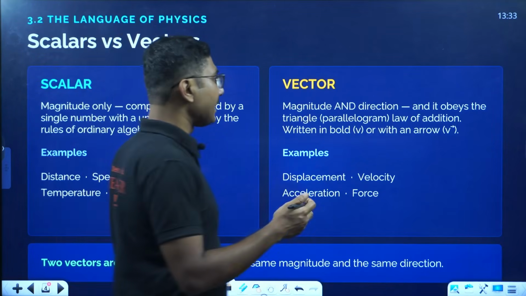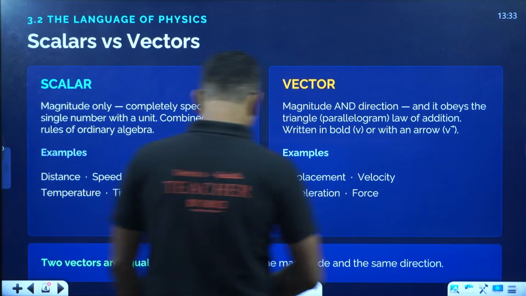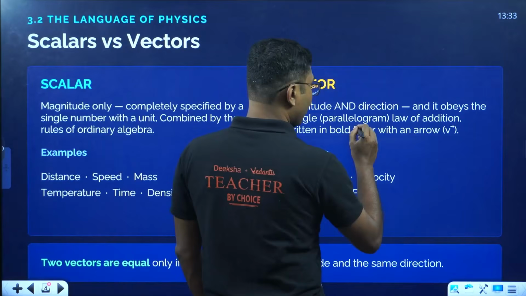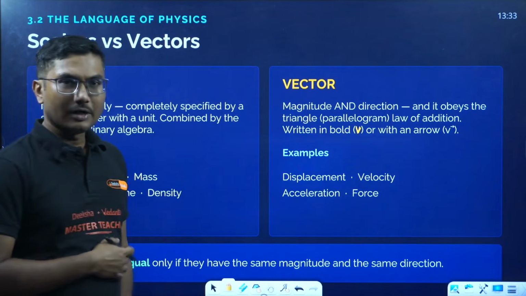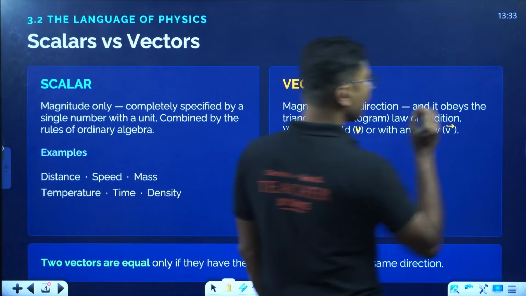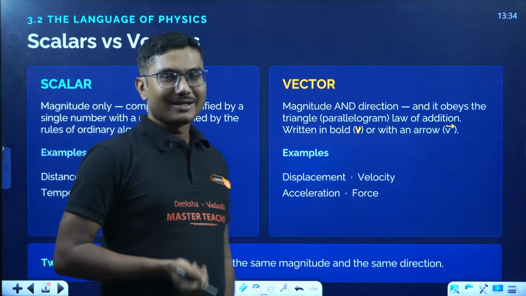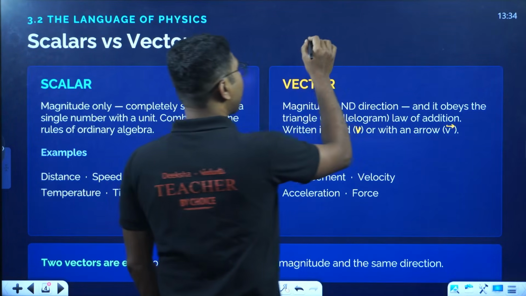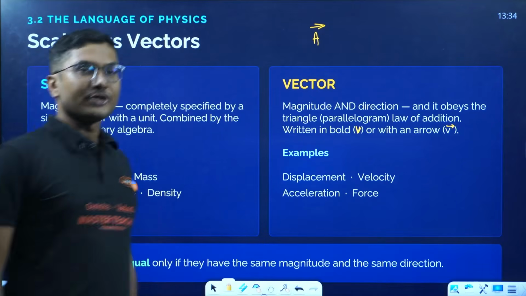In many cases in printed letters you might see that the letter is written in a bold format. So if you see a bold letter, then this is a vector quantity. And in many cases while writing in your exam, you cannot differentiate between bold and light letters. So whenever you are writing in the exam, you will write a vector with an arrow, like this.